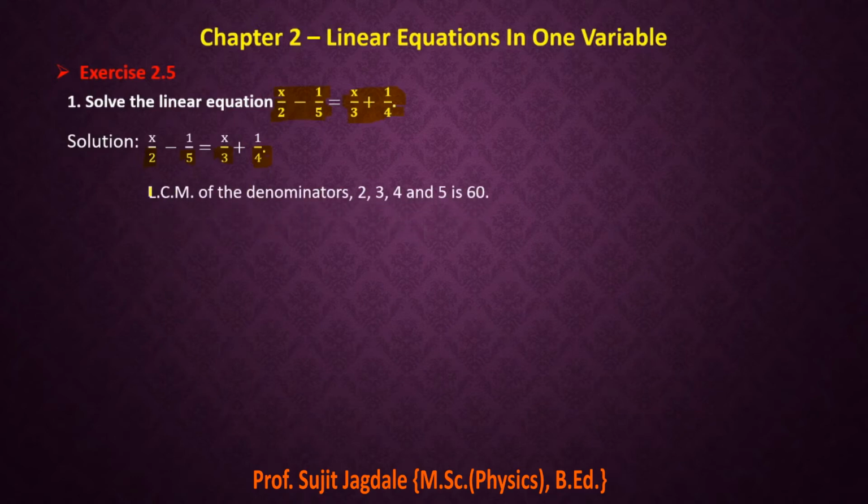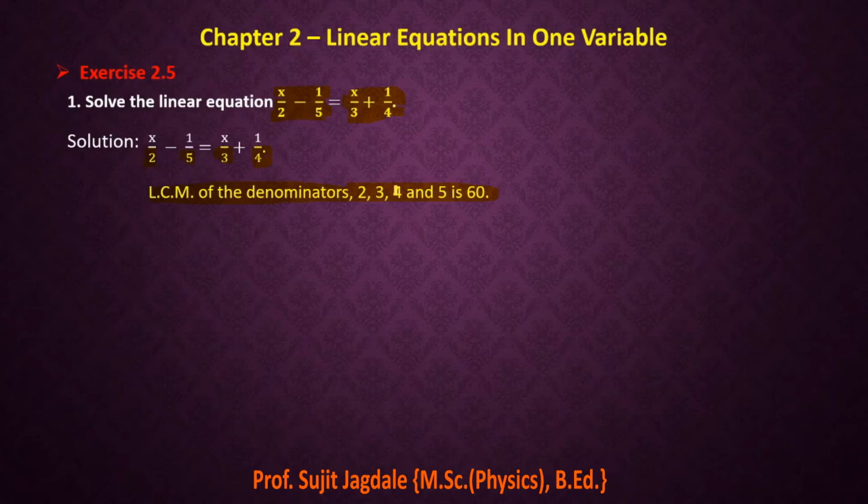So the LCM of all these denominators 2, 3, 4 and 5 is going to be 60, because 3's table and 4's table are there, and some numbers do not come in those tables.